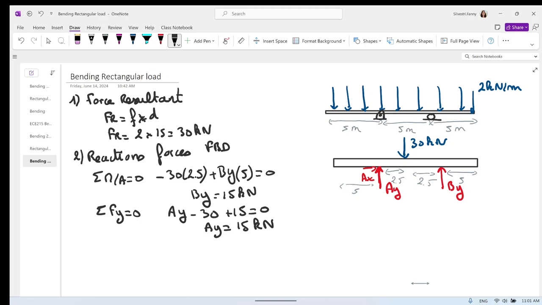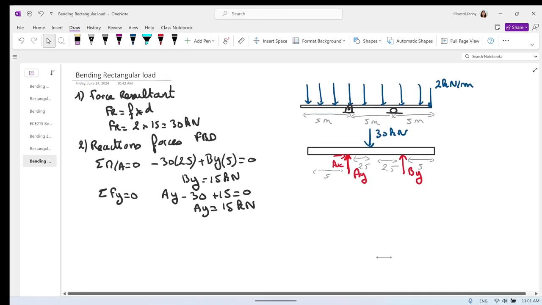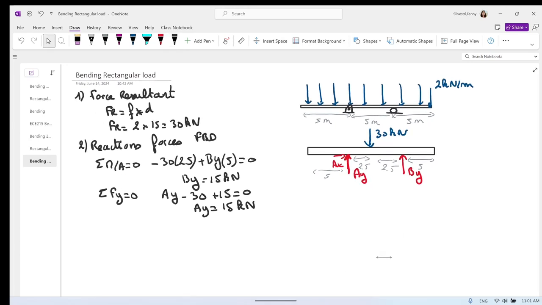But in our case, we keep them symmetrical. It's a good way to check that we have the correct values and the correct diagrams. Everything should be symmetrical about the center. Well, the shearing will not be symmetrical at the center, but the two sides will look similar. Anyway, step number 3.